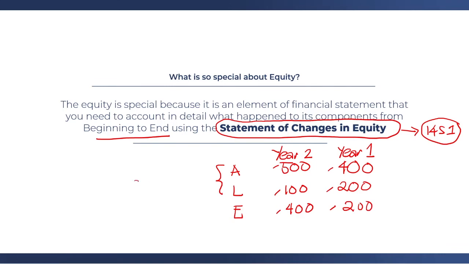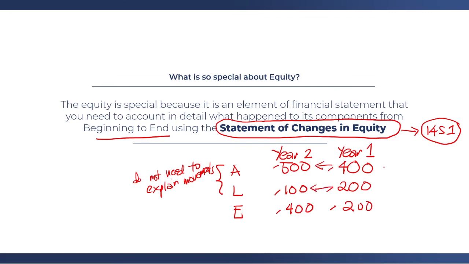You do not need to explain the movements unless it's in the notes to financial statements. We do not need to explain why this 400 became 500 or this 200 became 100.